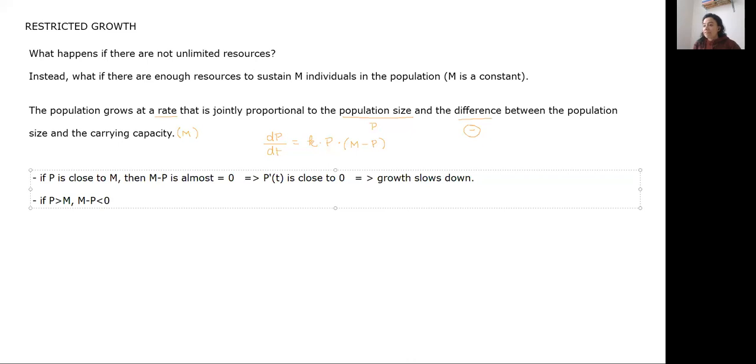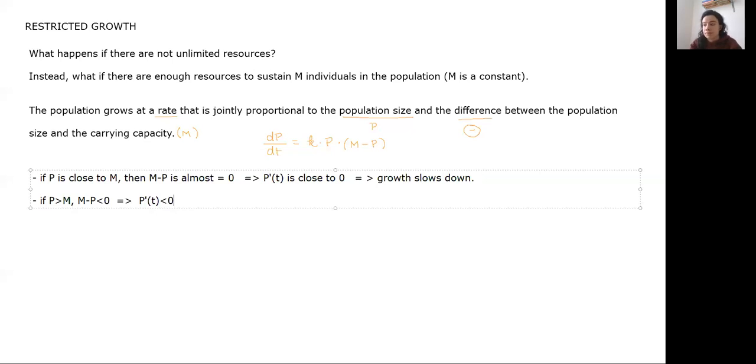And if M minus P is smaller than 0, then the derivative is also smaller than 0, because I'm going to have negative times these terms, which I know are positive. And the derivative over here will be negative.